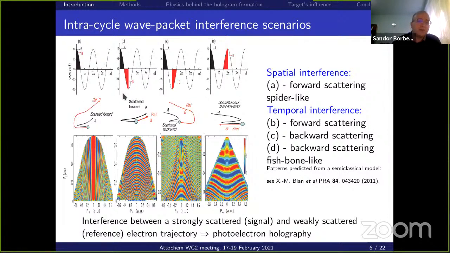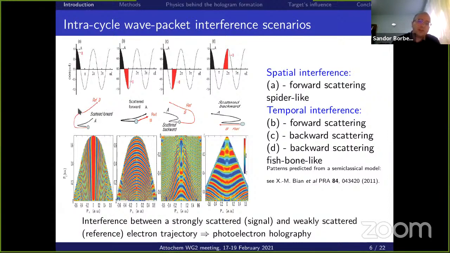And in the continuum, these two trajectories may interfere, and this interference leads to this very nice interference pattern, which in the literature is also called the spider-like hologram.